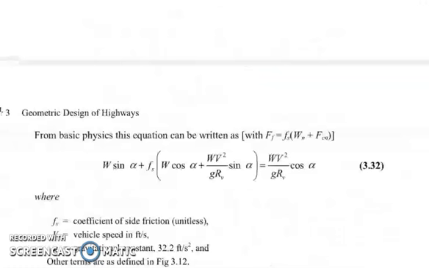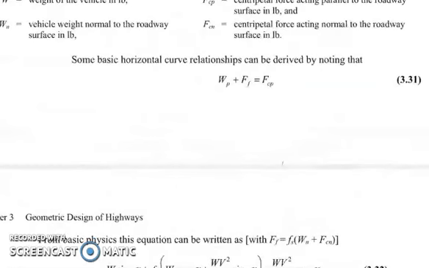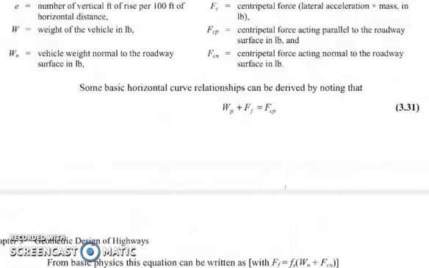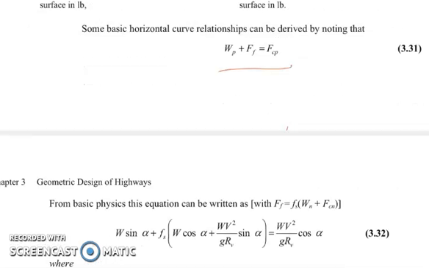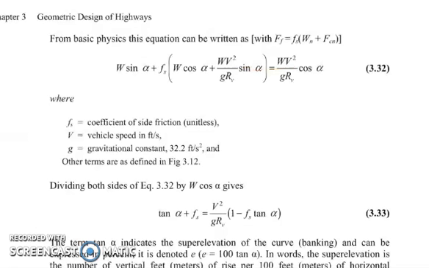So we have some basic horizontal curve relationships. You have the formula W sub P plus F sub F is equal to F sub Cp. Then we have another equation, where F sub F is equal to F sub S times the quantity W sub N plus F sub Cn.